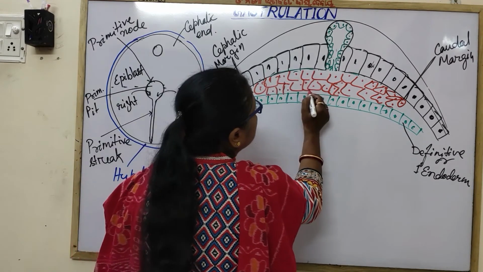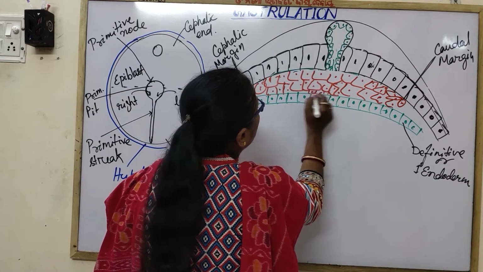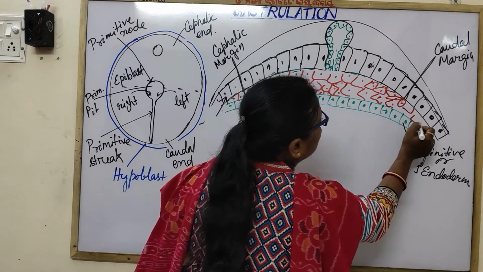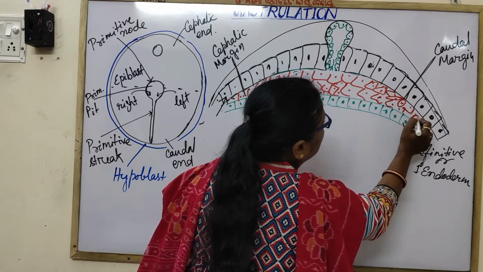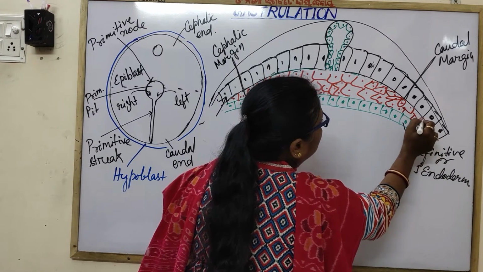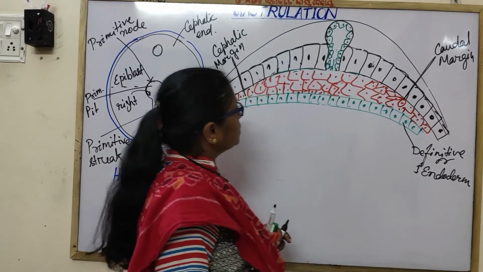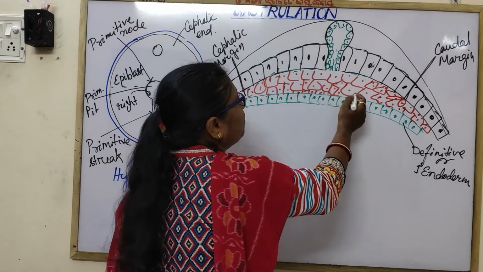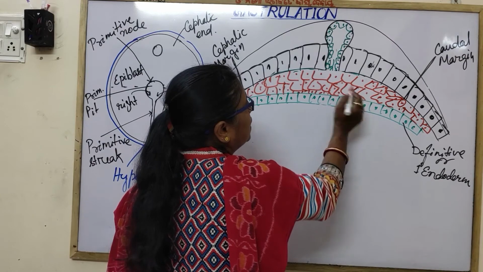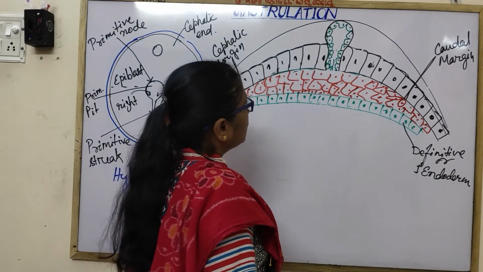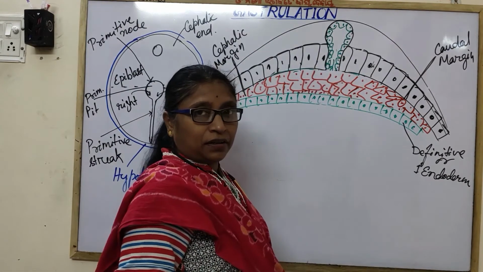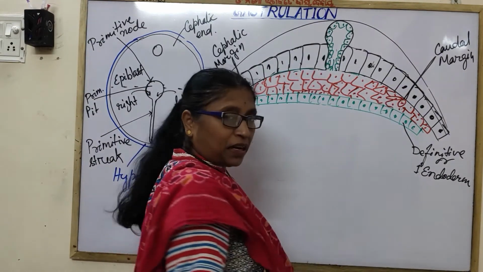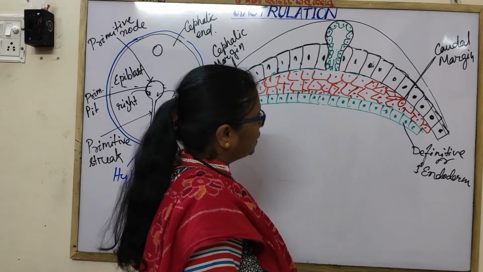This layer forms the mesoderm. The space in between the epiblast and the endoderm is filled with newly formed proliferated cells that are delaminated from the epiblast as well as proliferated from the caudal margin.